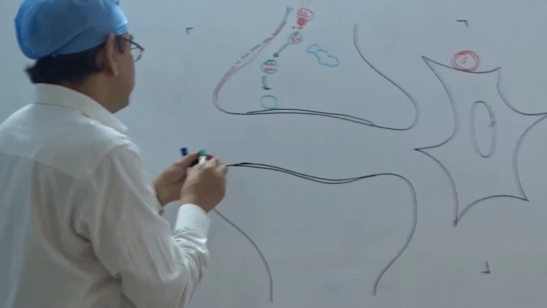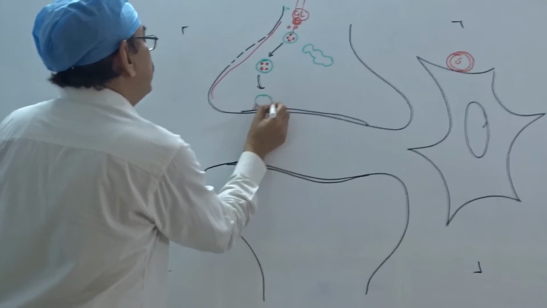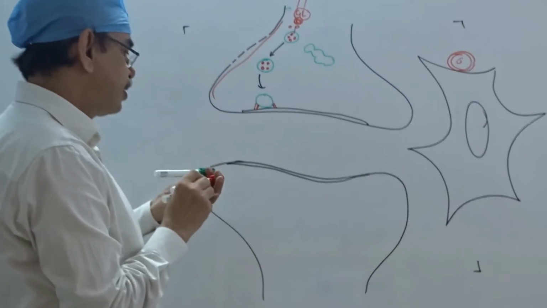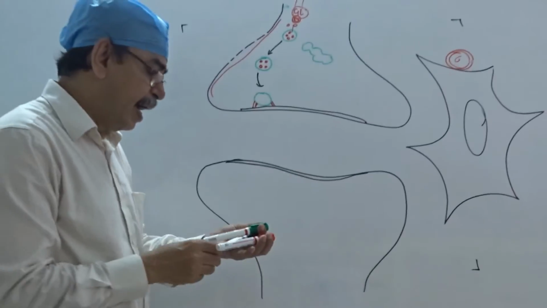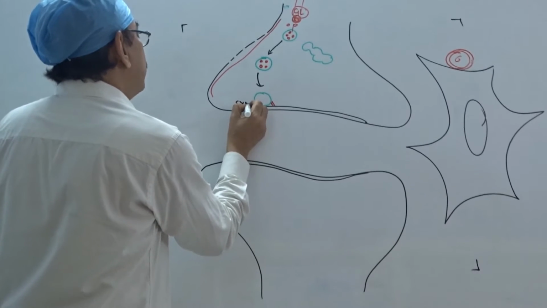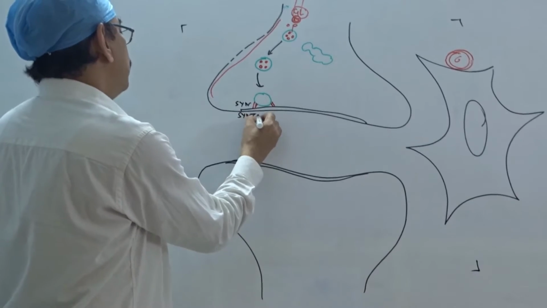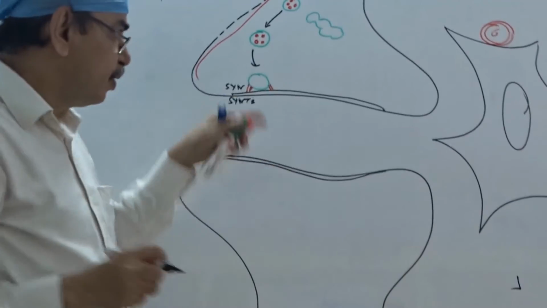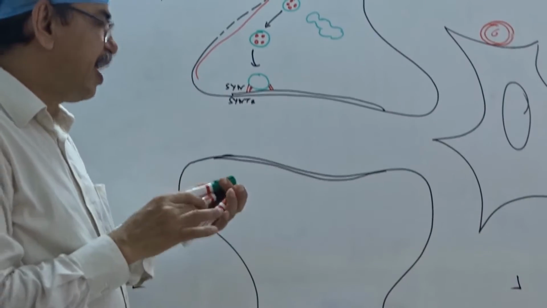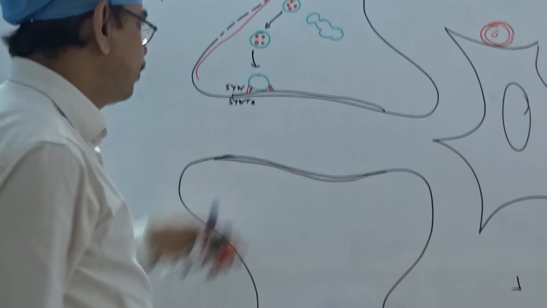The docking is done by some bonds, and there are two types of bonds. These are synaptobrevin and syntaxin. These two bonds keep the vesicles together tightly with this active zone of the presynaptic membrane.